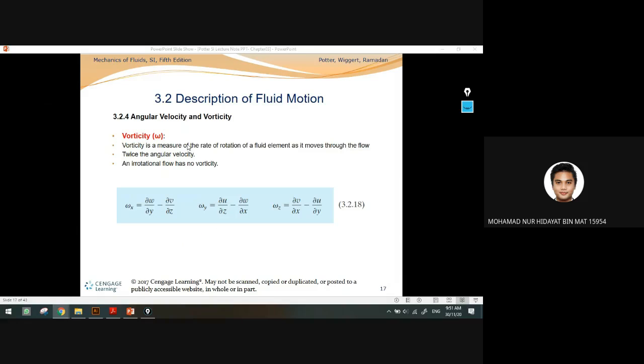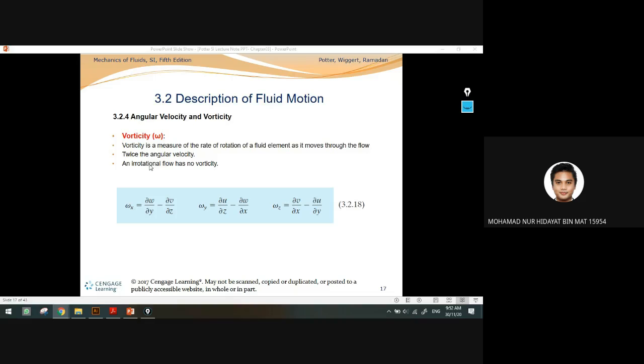So, next, vorticity. Vorticity is related to the angular velocity. The vorticity is a measure of the rate of rotation of the fluid element as it moves through the flow. So, in other words, vorticity is twice the angular velocity.